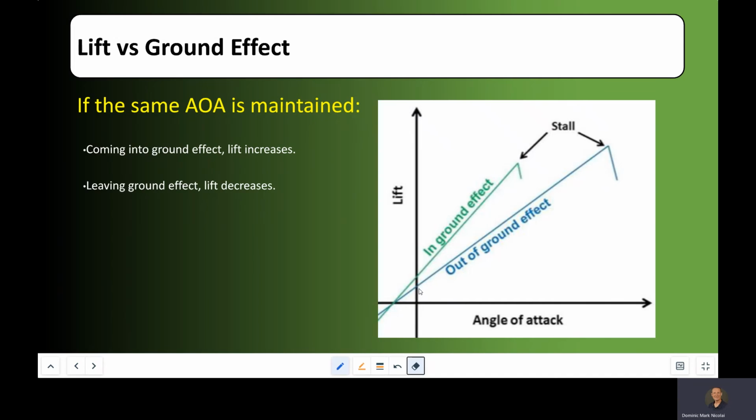So the FAA is going to ask you some questions on whether you are entering ground effect or exiting ground effect. And the perspective you have to think about is, if I maintain the same angle of attack. So if I maintain the same angle of attack as I fly into ground effect, it is removing that tilting of the relative wind, which means it's reducing the amount of induced drag.